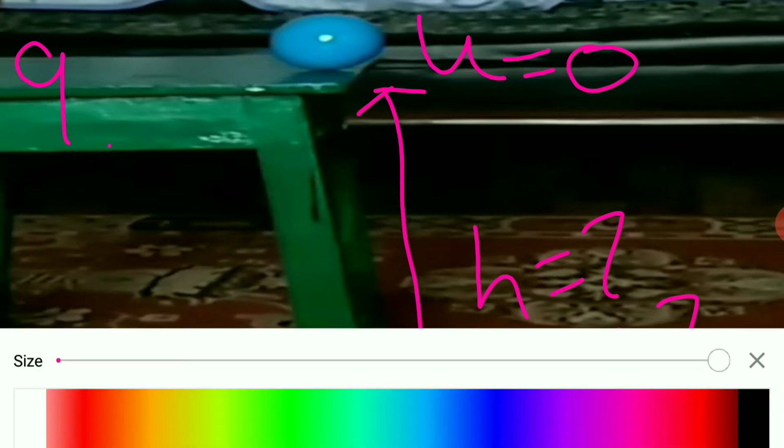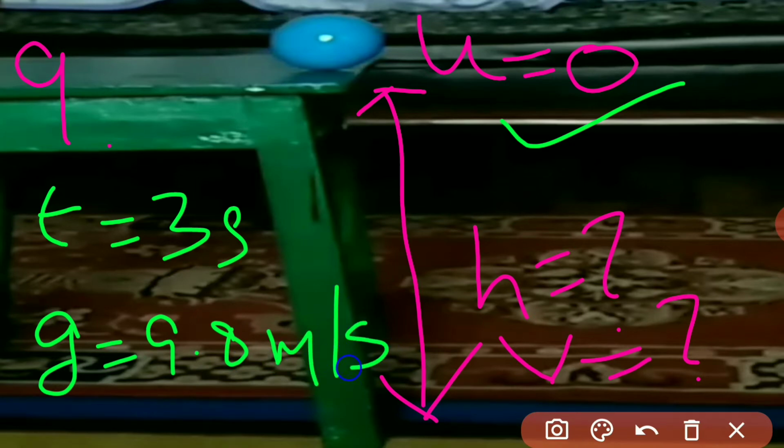So a few things are given here. Initial velocity is given, u equals 0, which I am supposed to understand because the ball is at rest. The other thing mentioned in the question is that this ball will take 3 seconds to come down, and acceleration due to gravity given to us is 9.8 meter per second square.